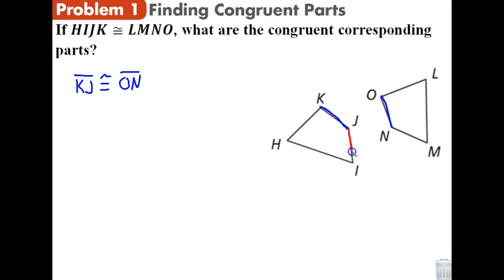You do the same thing for JI and NM. You can say segment JI is congruent to segment NM.